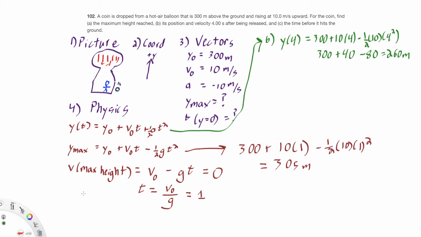And our velocity at 4 seconds is initial velocity minus gt, which is 10 minus 10 times 4. So here we're going to get negative 30. What does it mean that we got a negative number for our velocity here?